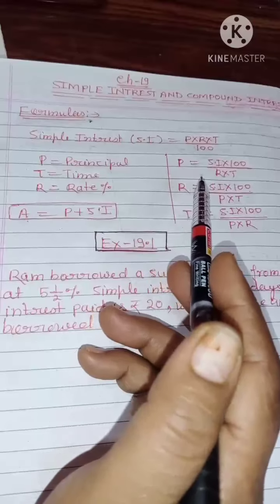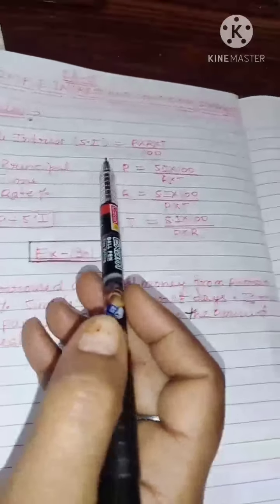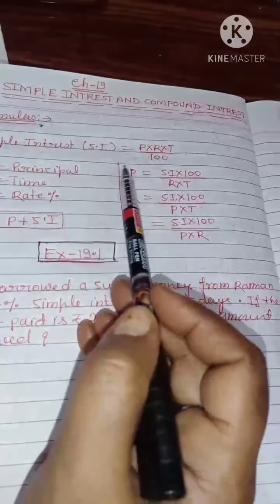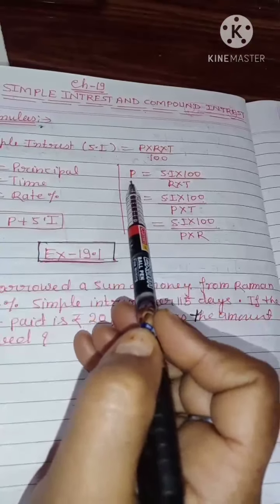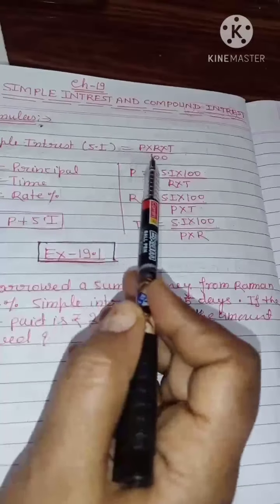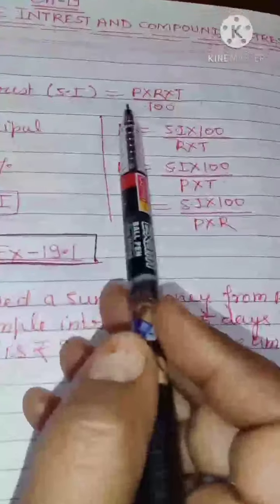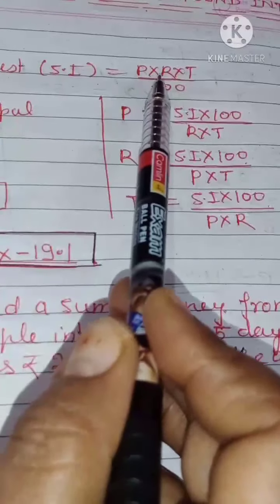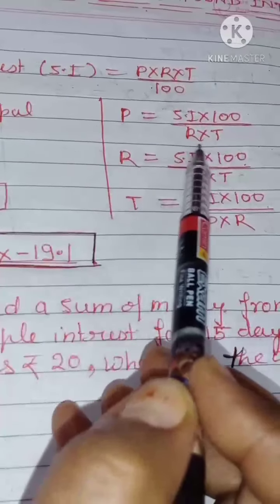Okay, now for finding, simple interest can be calculated by this formula: simple interest is equal to P into R into T upon 100. If we would like to calculate P, what will it be? Simple interest multiplied by 100 upon R into T, in this way.